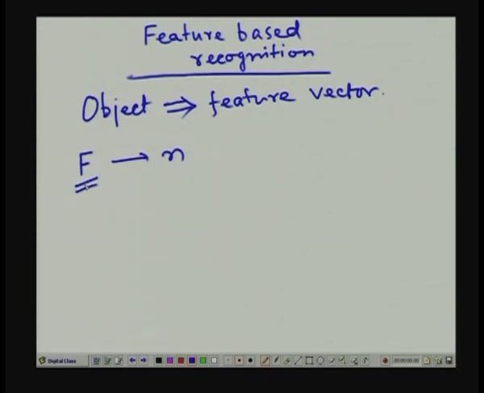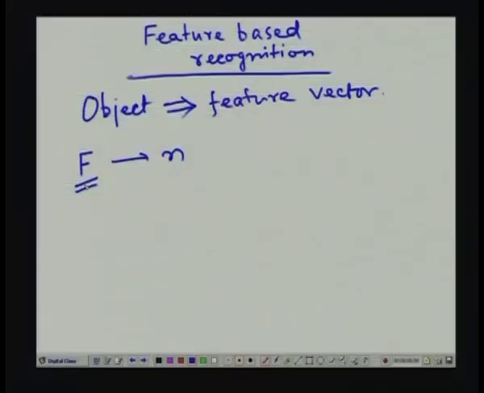Now, if I consider an n dimensional space, a space of n different dimensions, then this feature vector f will be represented by a point in that n dimensional space. If I have a class of similar objects, the feature vectors of every object belonging to that particular class will be similar.